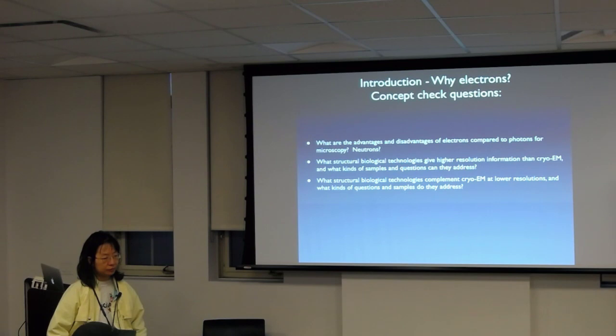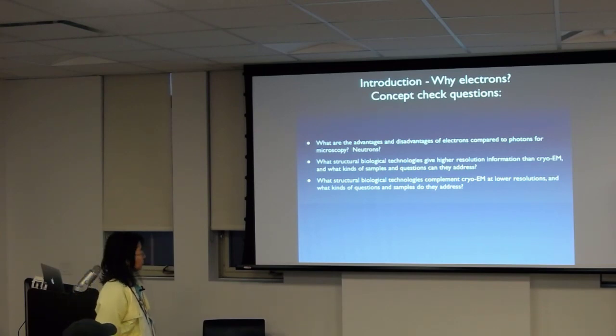You might be able to make an argument that those are kind of structural techniques, as they give you some semblance of structural information. Also something that you can do in more native cellular contexts, which is going to be an interesting field, particularly for electron tomography in the future.